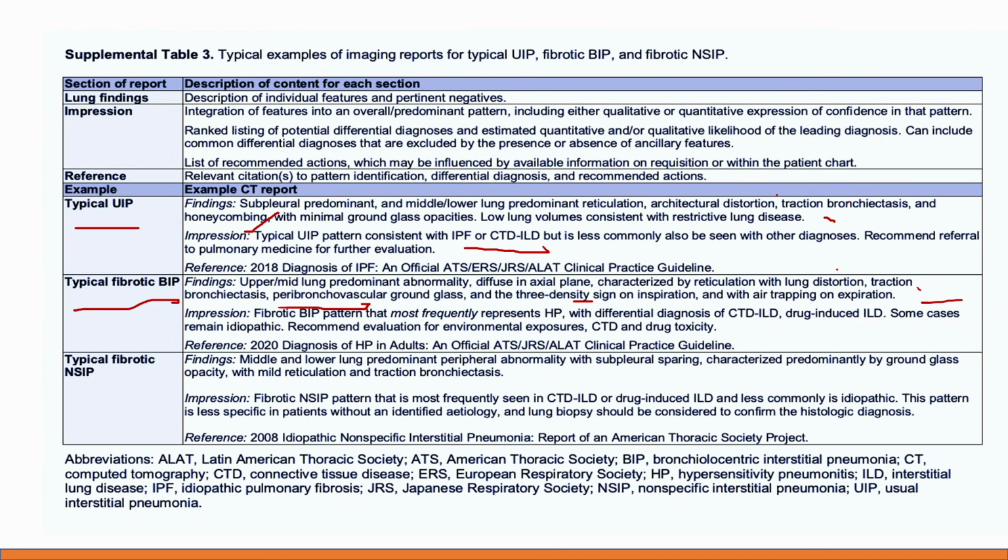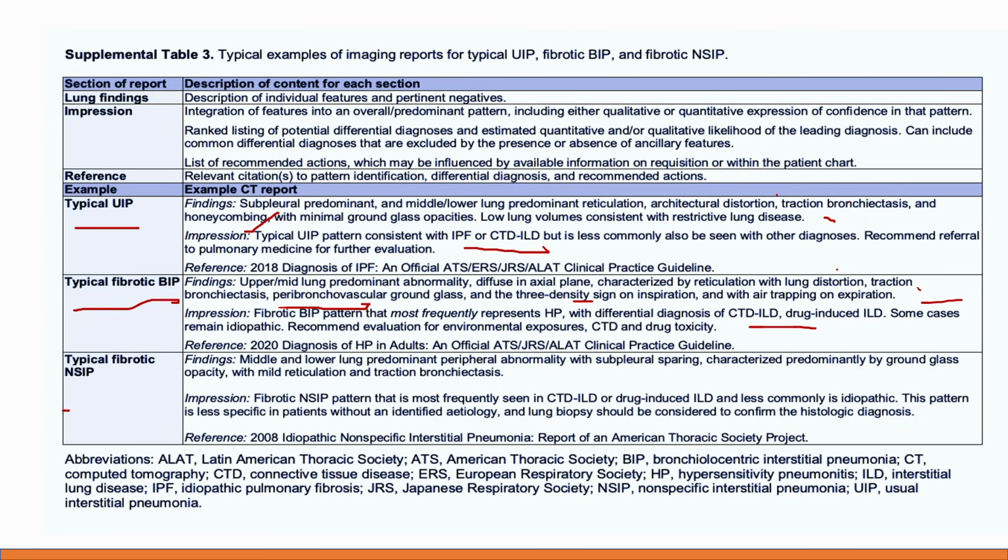So we got all the points here. It's upper middle lung predominant, it's diffuse, it has reticulation, distortion, traction bronchiectasis, but you also have a peribronchovascular, and that's why it's called bronchiolocentric involvement with the three density sign and expiratory air trapping. The impression would be a fibrotic BIP pattern, and then we would conclude that it most frequently represents HP, but there are other differential diagnoses.